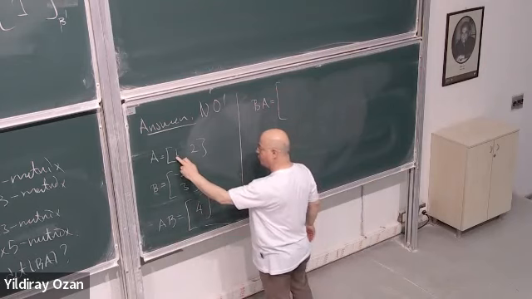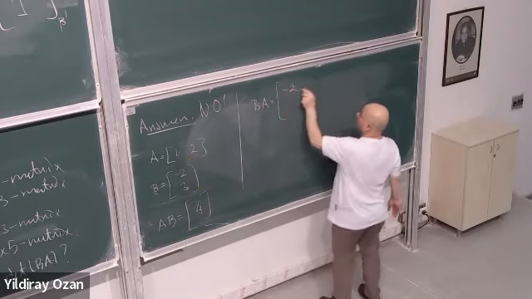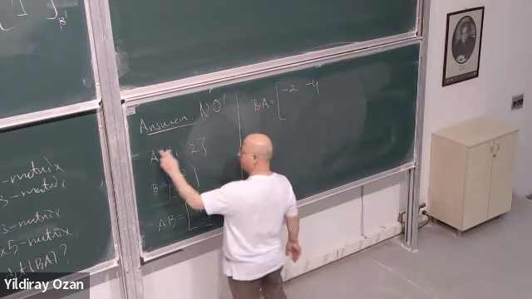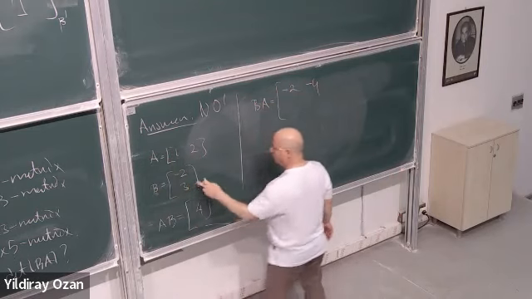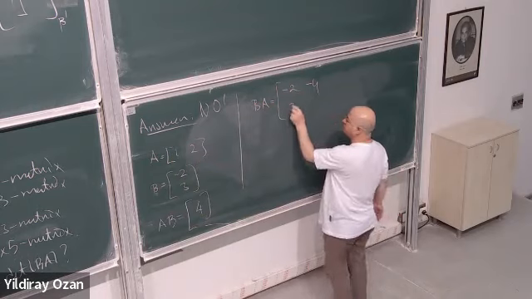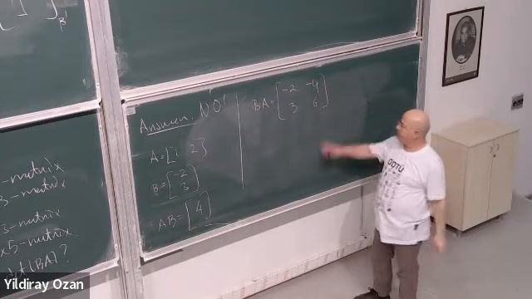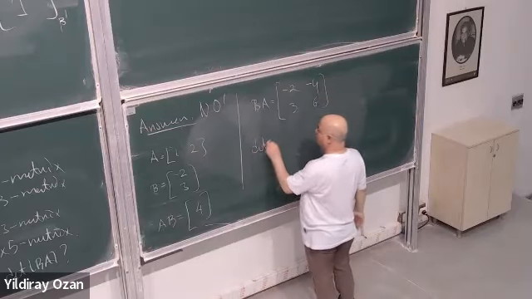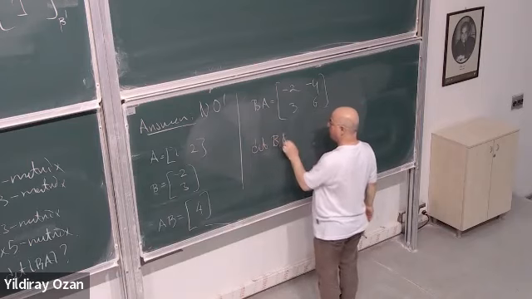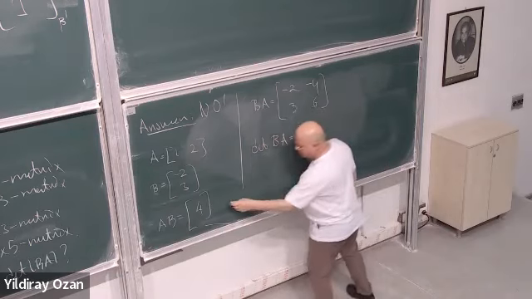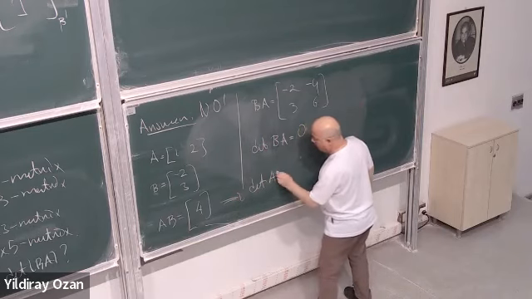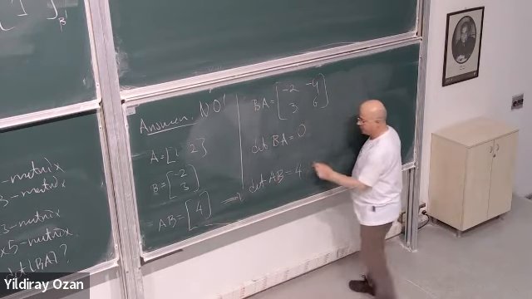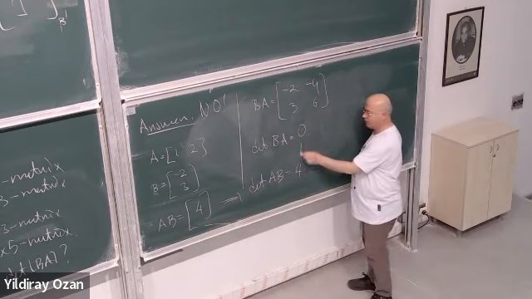Notice that these two rows are linearly dependent. So what is the determinant of B times A? This is 0, but determinant of A times B, a one by one matrix determinant, is just this 4. And these are not the same.